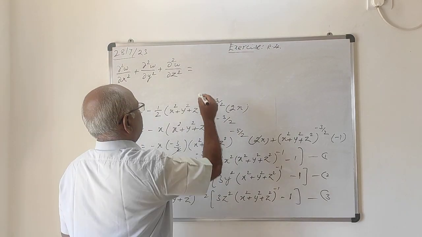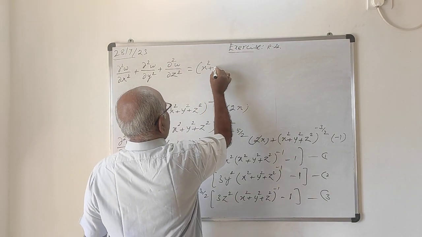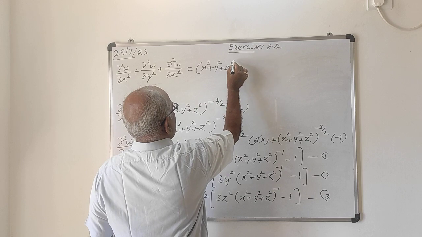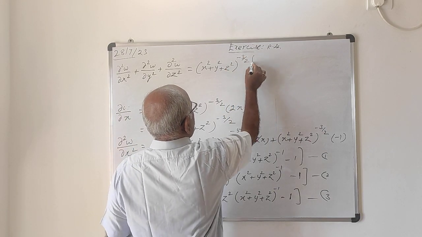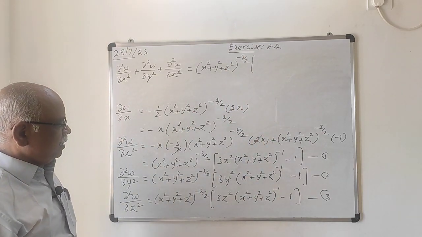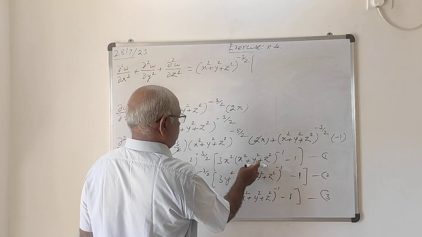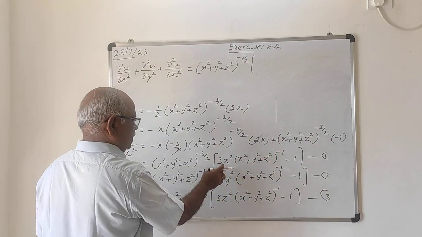as a common term. We will take (x squared plus y squared plus z squared) power minus 3 by 2 and also (x squared plus y squared plus z squared) power minus 1 is common here.